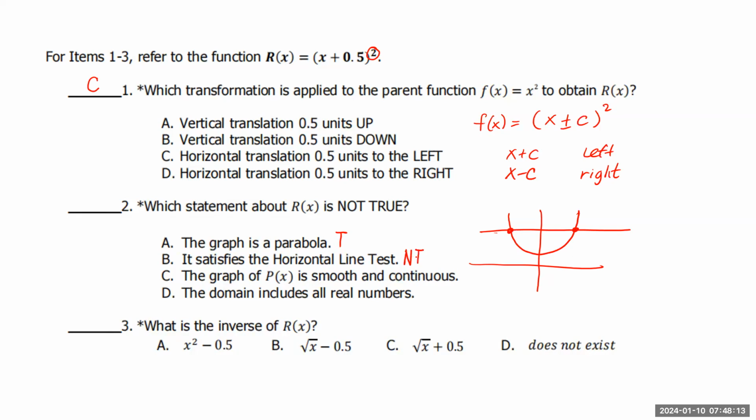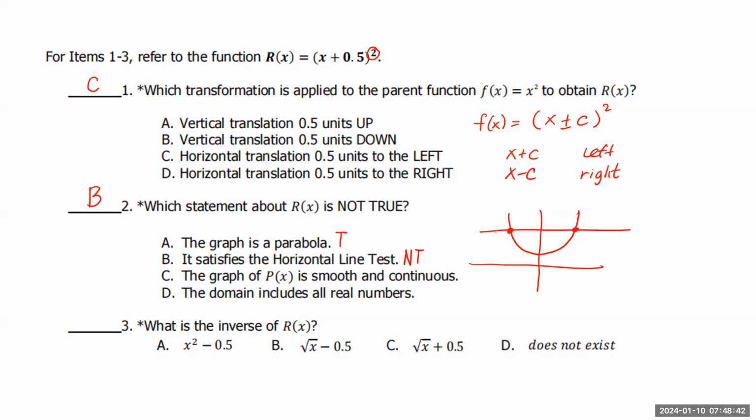Okay, so our answer is automatically B, but let's just analyze also option C and D. Option C, the graph of P is smooth and continuous. This is true since our function is a polynomial function. And D is also true because the domain of a quadratic equation are all real numbers.